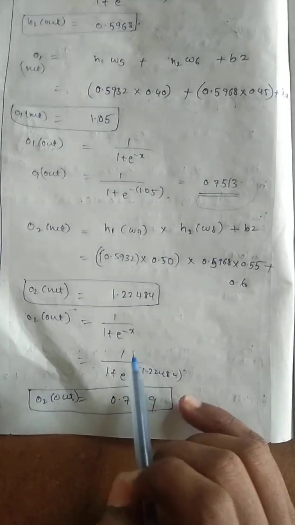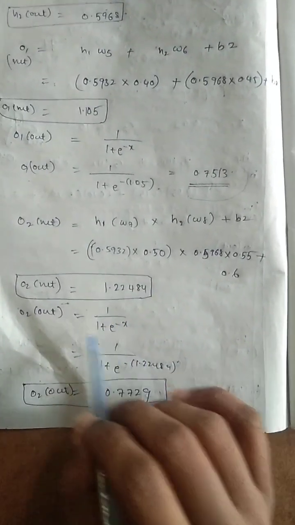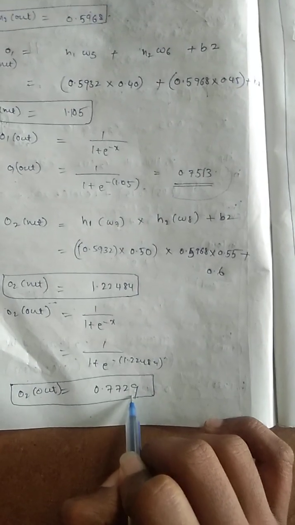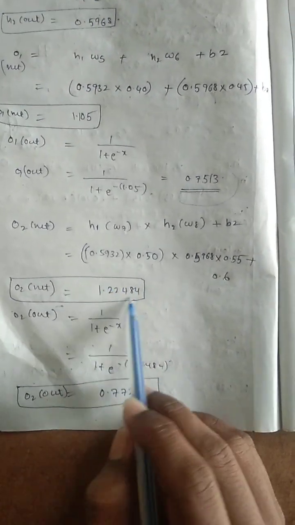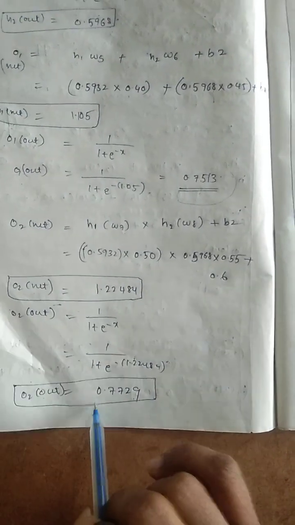If we want the out value, we can apply the activation function, then we get the out of out value and it is completed here. In the place of minus x, we replace it with the o2 net value and got it.